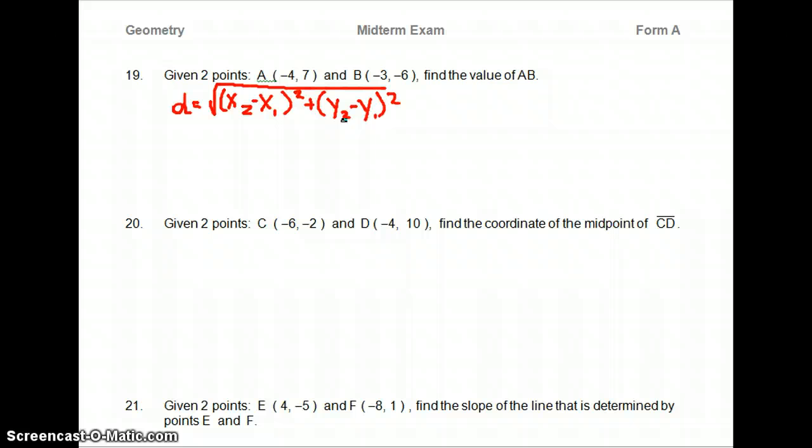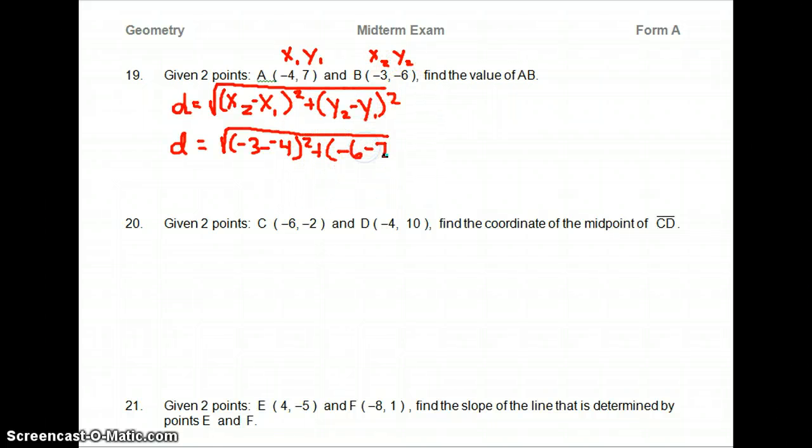Now the x1 would be this one here. This would be y1. This would be x2 and y sub 2. And we'll just plug those in. So we have d equals the square root of negative 3 minus negative 4 squared plus negative 6 minus 7 squared.